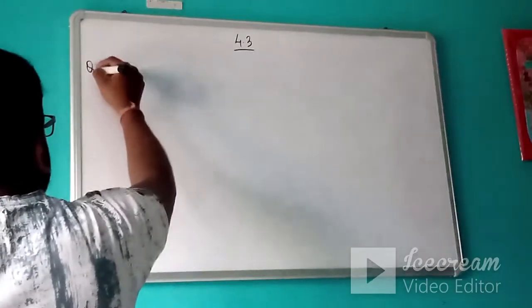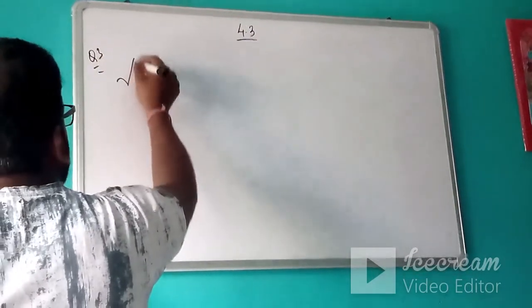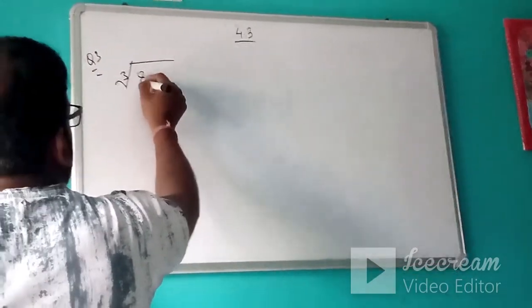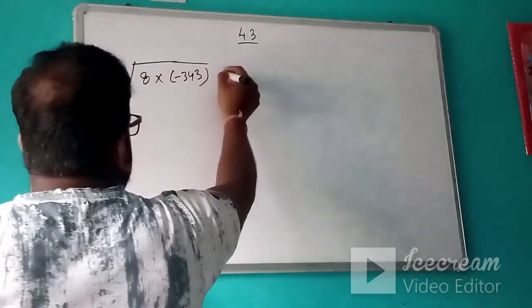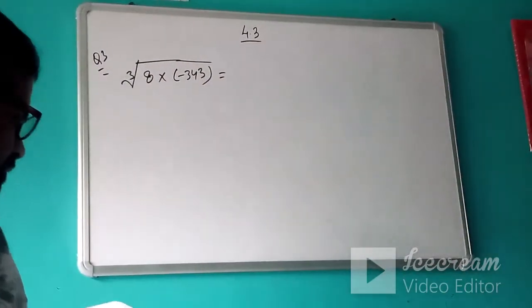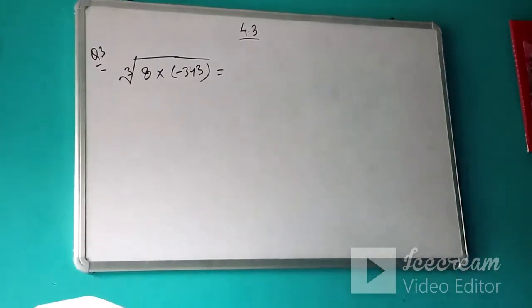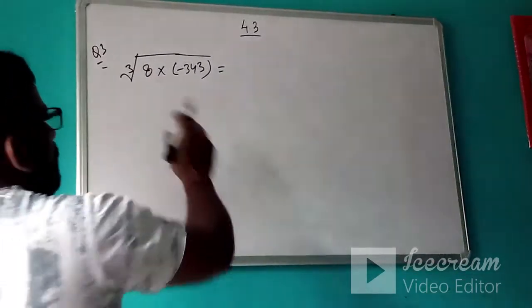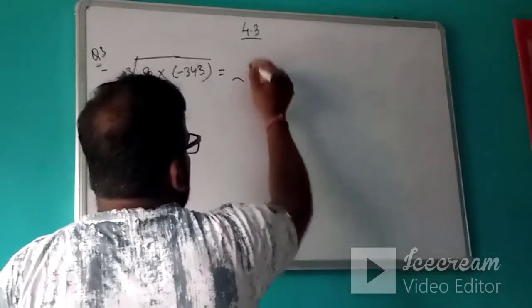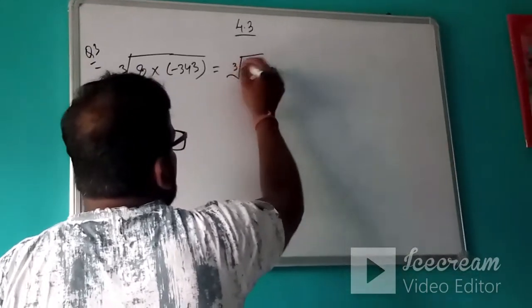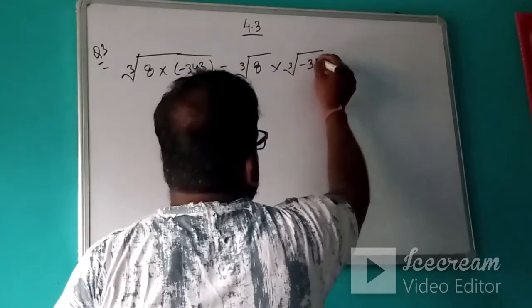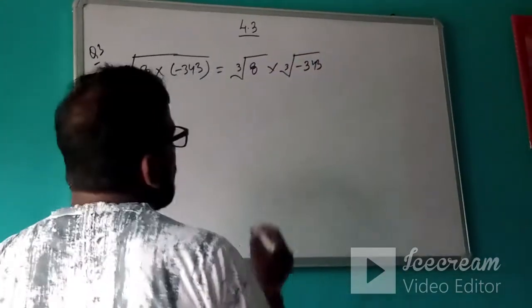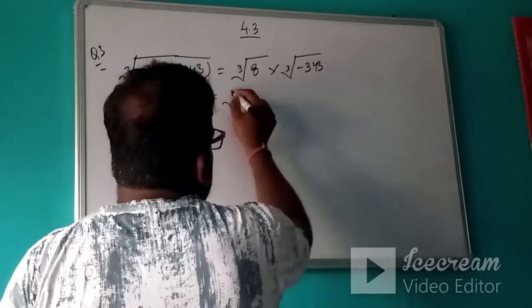Suppose we have to find the cube root of this product. In order to find it, you can separate it into the cube root of minus 343 and the cube root of 8.